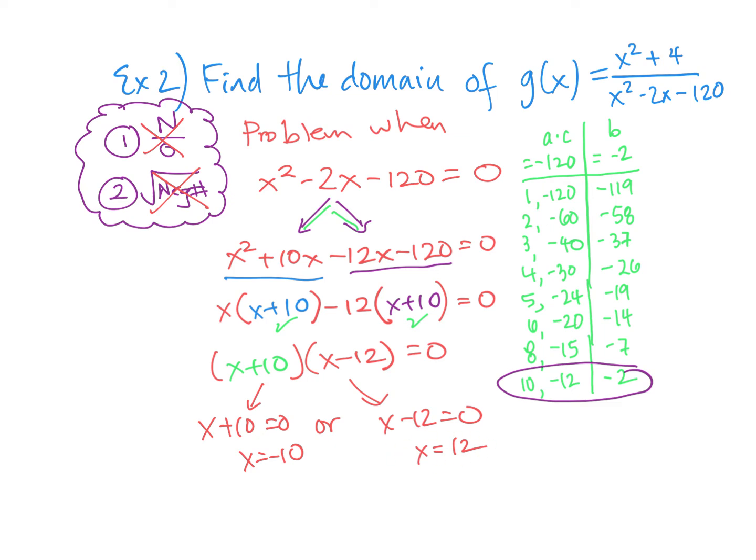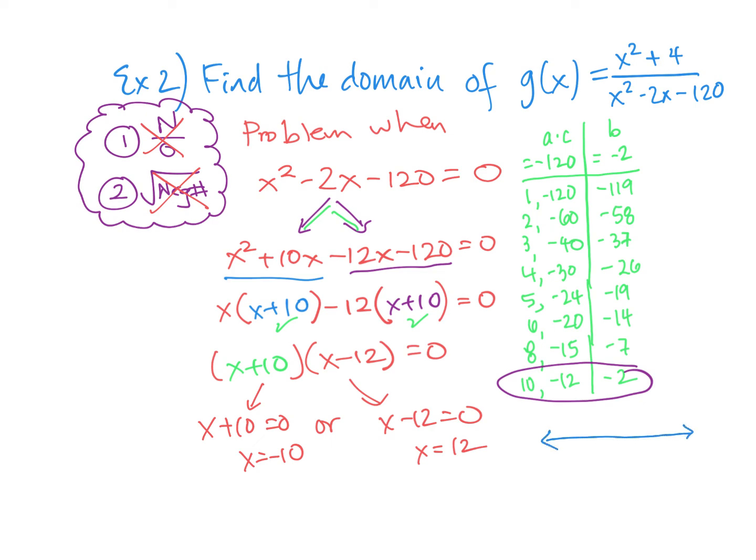Same thing happens when we try to evaluate g of 12. We're going to end up dividing by 0. So what does this tell me about the domain? The domain says I only have a problem when x equals negative 10 or when x equals 12. So imagine a number line that has all of, let's pick blue, all the real numbers.